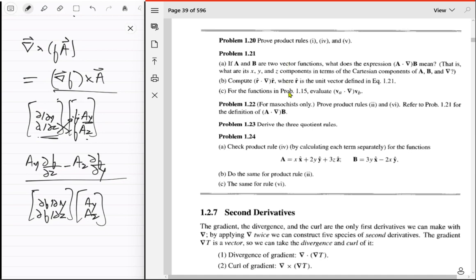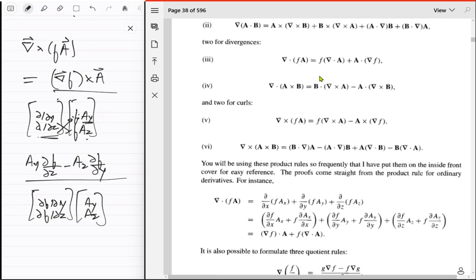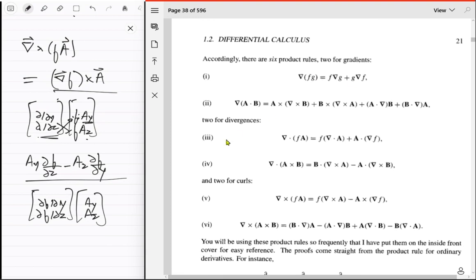Fine. Oh god. Prove product rules 1, 4, and 5. What? So 1 is easy. 4 is, wait, what is this once again? Del dotted with A cross B. I guess you can do the same stuff once again, not change A and keep changing B or something like that.